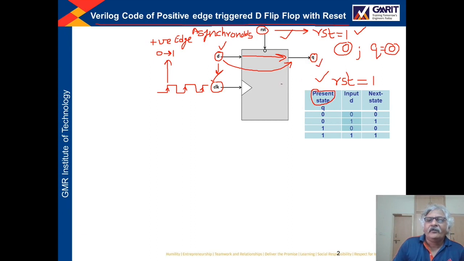Present state means before the application of the clock, whatever is the output, that is the present state. Then the second column is the input value D, and the third column is the next state. Next state means once the positive edge of the clock is detected, then what will be the value of Q? That is called the next state.